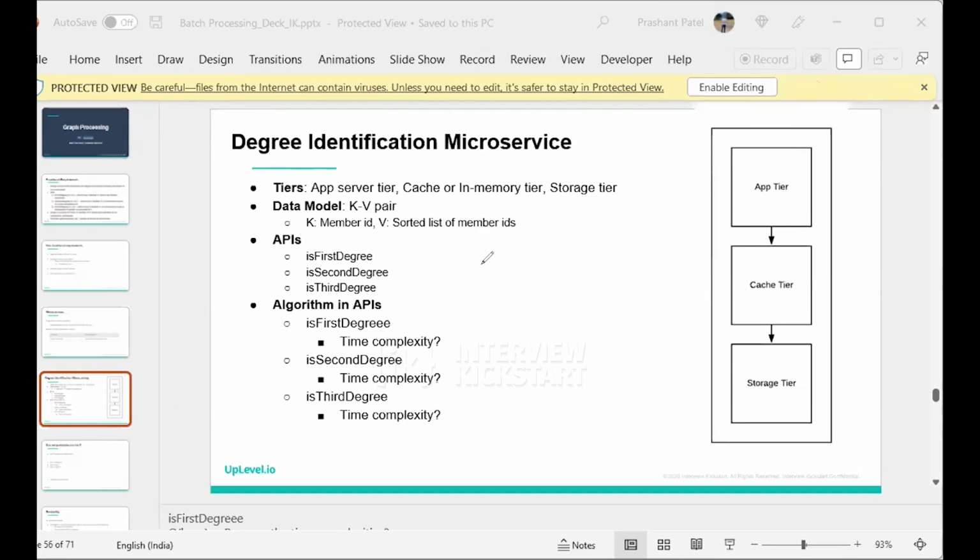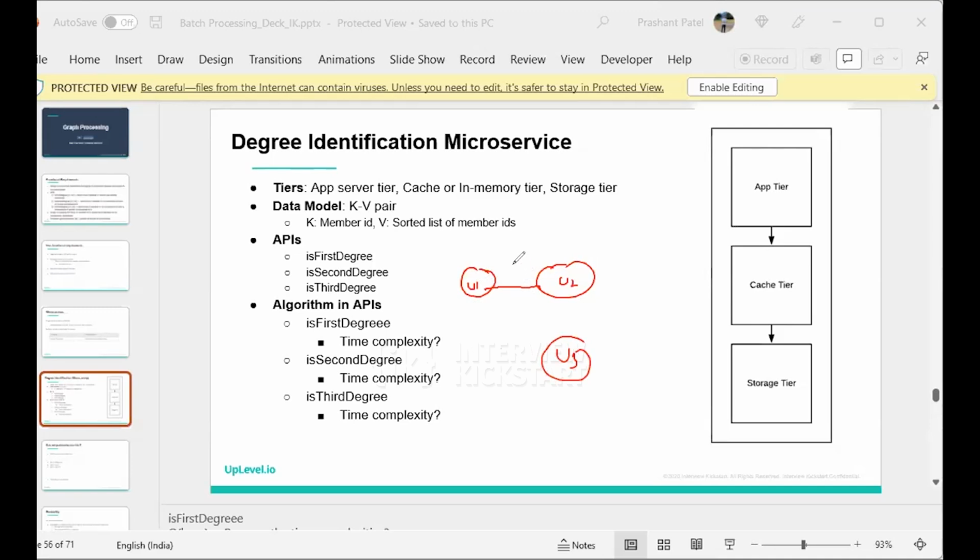So the problem here is that you are aware of the system where we have connections. If this is user one, this is user two, user three. Consider the use case of a social platform like LinkedIn, where user one can be connected. It's bidirectional: U2 is a connection of U1 and U1 is a connection of U2, so there is no direction.